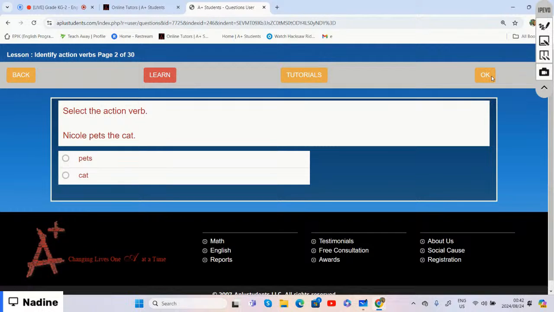Nicole pets the cat. Is it pets or is it cat? Our correct action verb. Pets or cat.